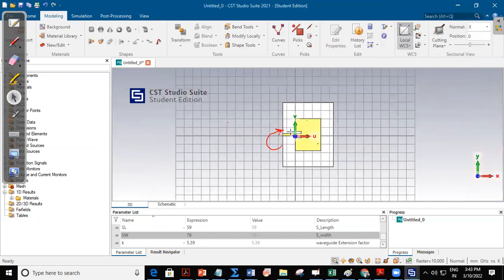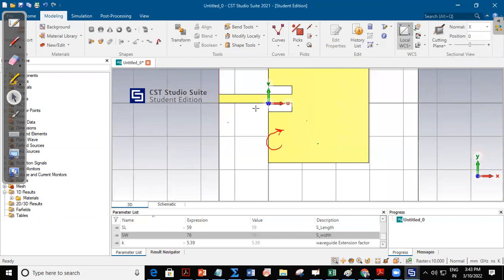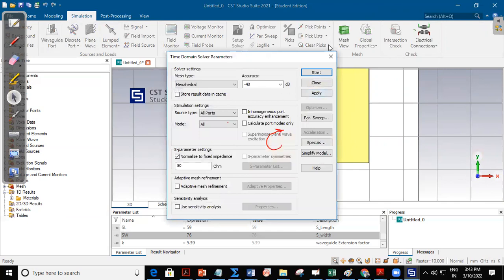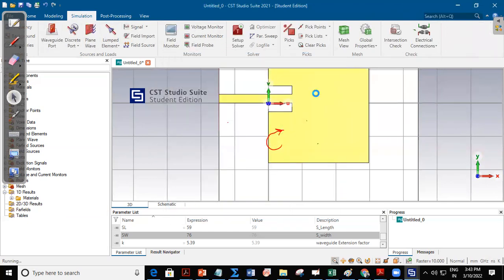With this, we have exactly the patch which we created here. With this structure, if we go to simulation, again waveguide port, set up solver, 50 ohm, start. With the inset, we have created the exact dimension of this structure.